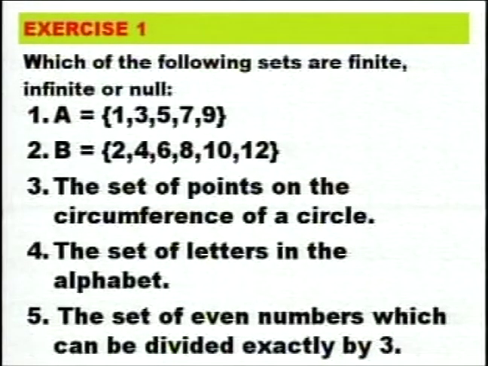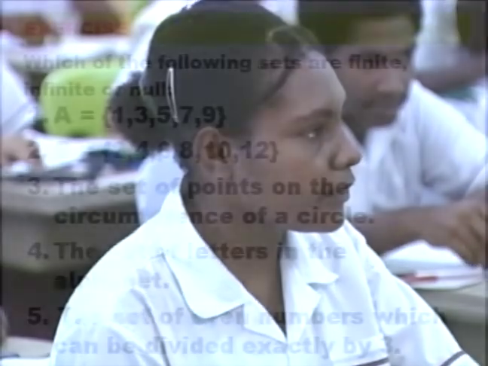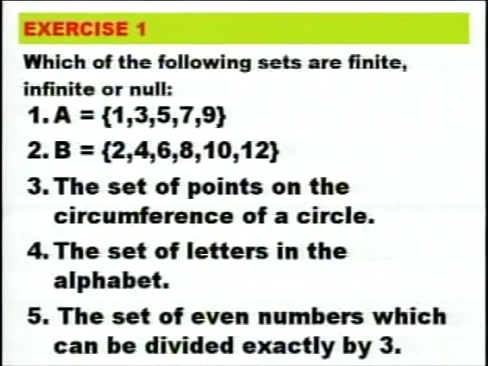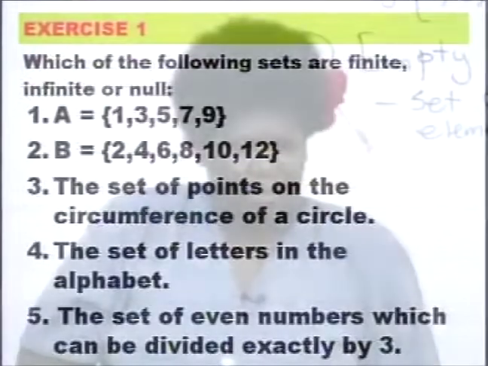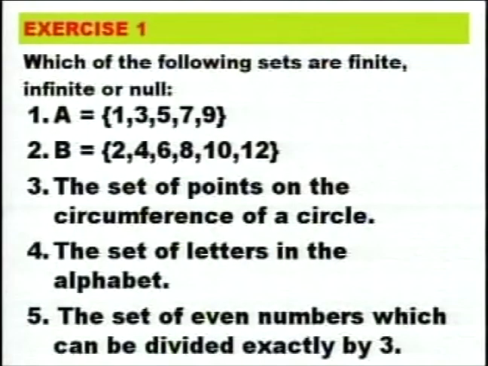Can points on the circumference of a circle be listed? Gabriel says yes. So if they can be listed, then it means it is a finite set.